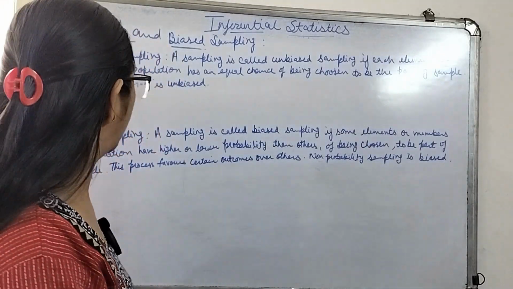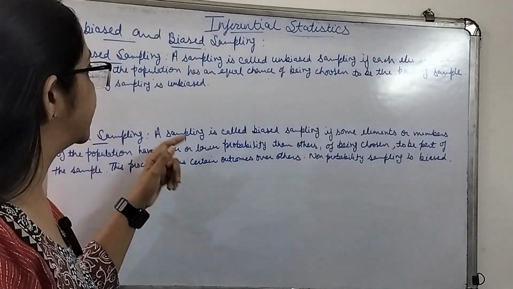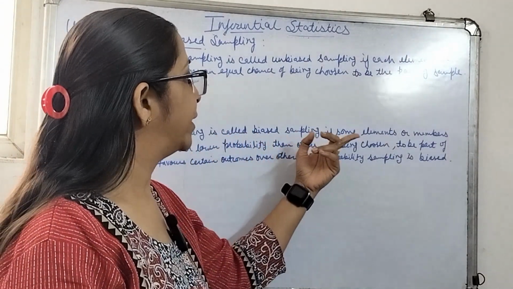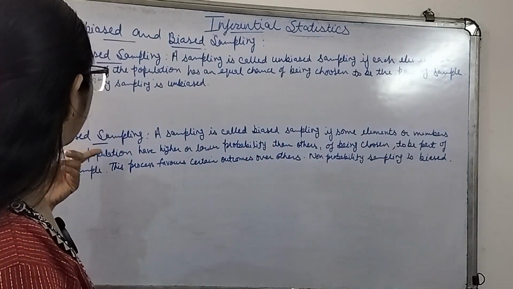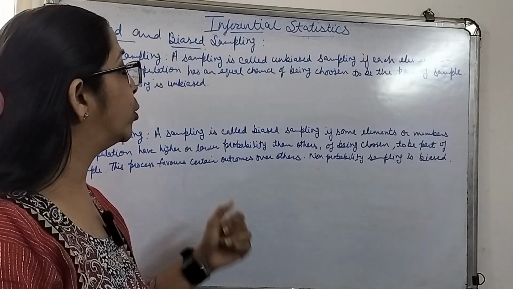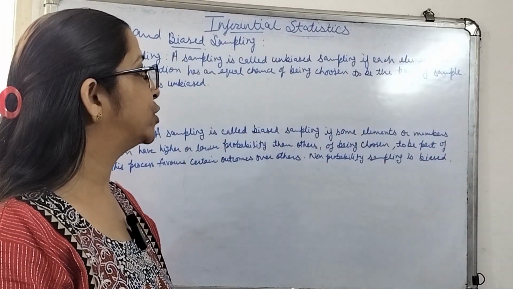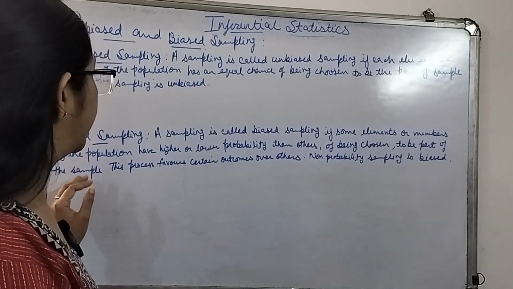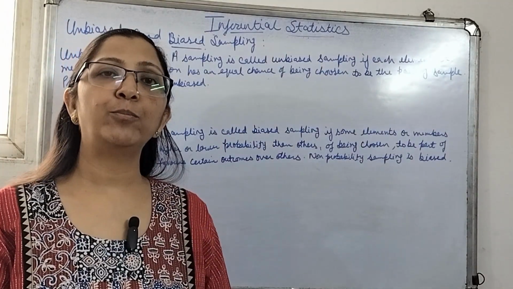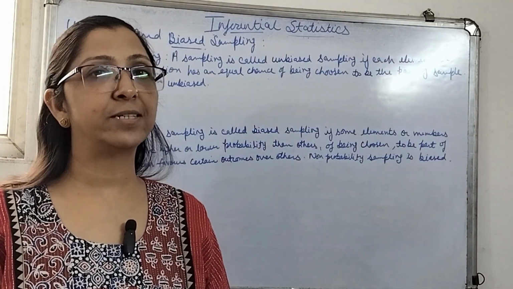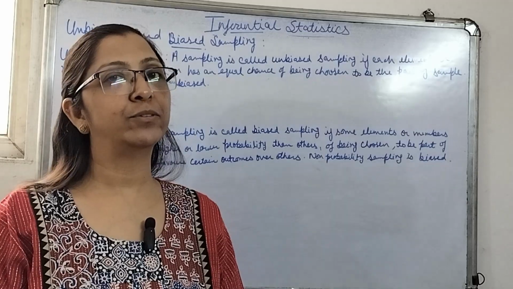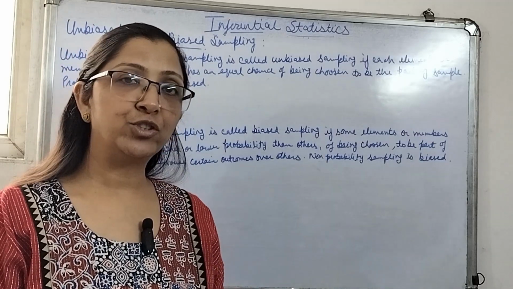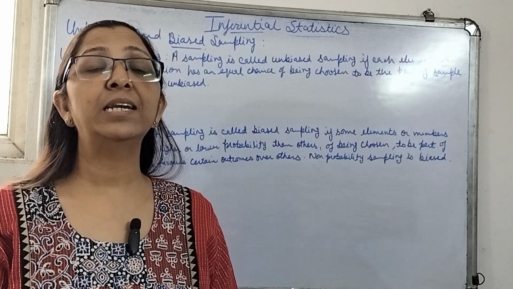Now biased sampling: a sampling is called biased sampling if some elements or members of the population have a higher or lower probability than others of being chosen to be part of the sample. That means every member of the population does not have the same chance of being chosen. Some members have more chances and some members have fewer chances.